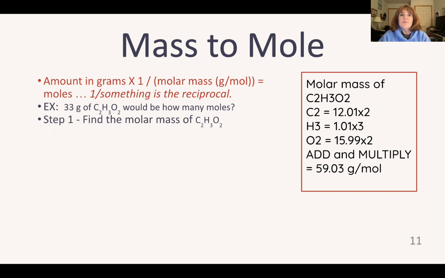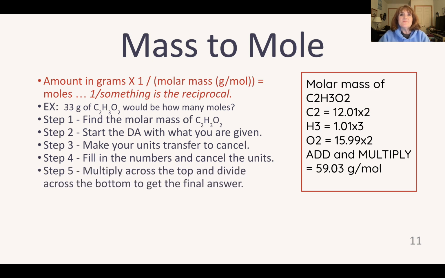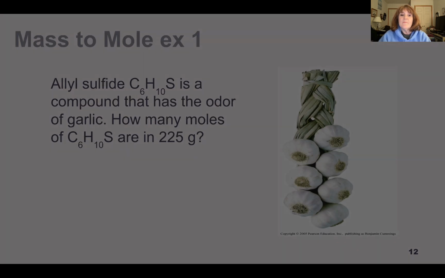To go the other way, again, you're given a problem of 33 grams of C2H3O2. How many moles would that be? Well, again, it's the same process. Find the molar mass, start your dimensional analysis, make your units transfer, fill in your numbers, multiply across the top, and divide across the bottom. So we found the molar mass of C2H3O2 to be 59.03 grams per mole.